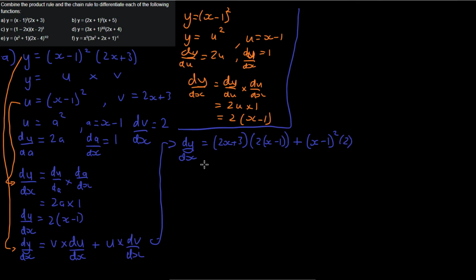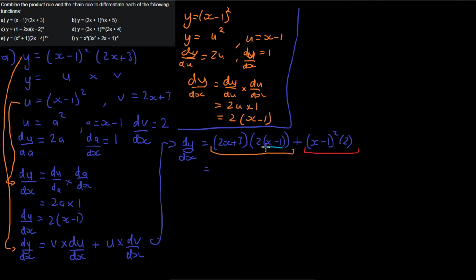Okay, good. Now let's work this out. Now, one really key feature of a lot of product rule questions is fully factorizing your answer. So let's have a look at that. So I can see in my first term, so this whole thing is my first term, and this is my second term. What is in common to both?